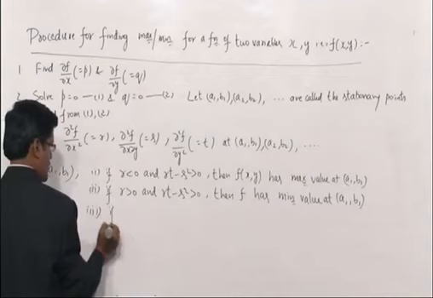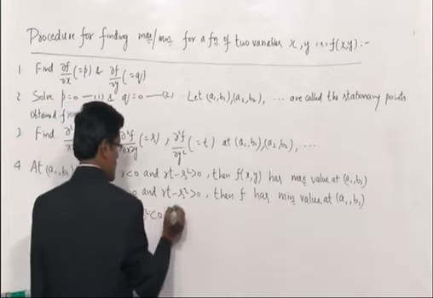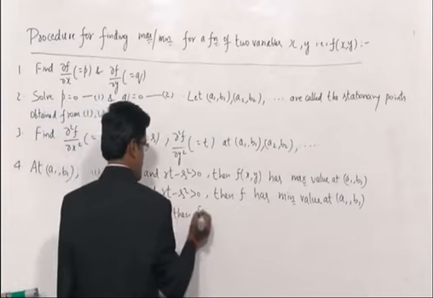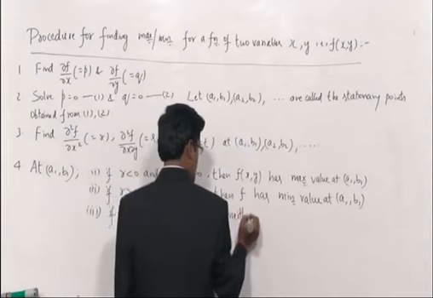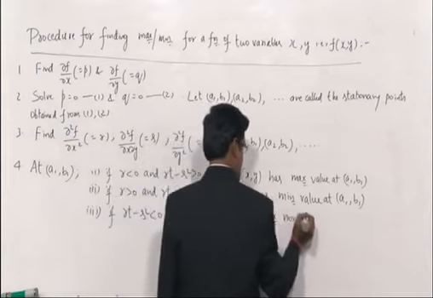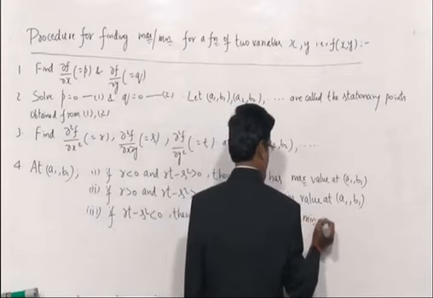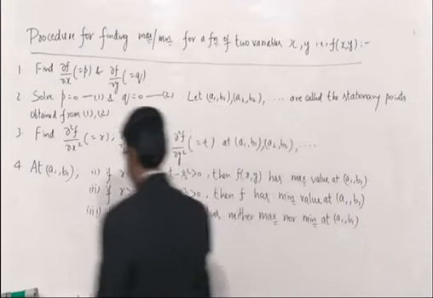3. If rt minus s square less than 0, then f has neither maximum nor minimum at a1 b1.